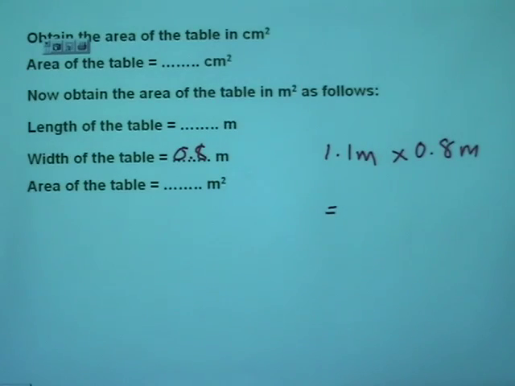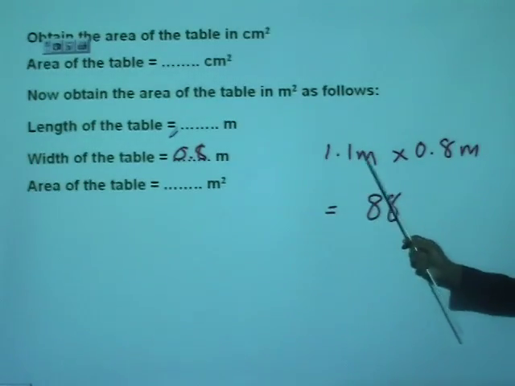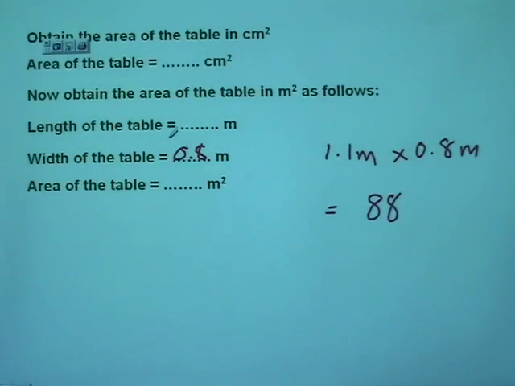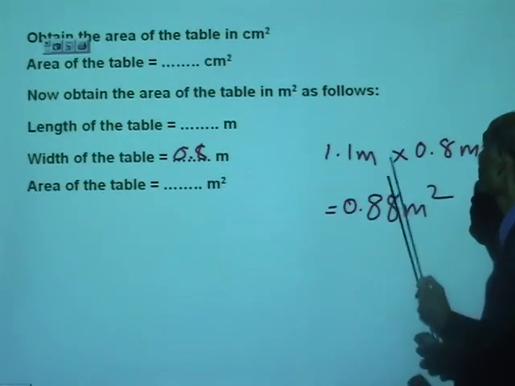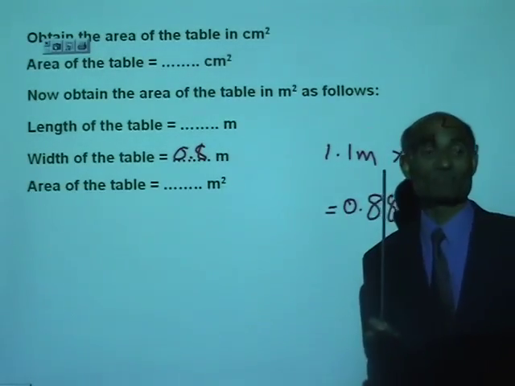Now multiply 11 times 8, that is 88. And the answer must contain 2 decimal places. There you are. And so the answer is 0.88 square meter is the area of my table. So the area of my work table is 0.88 square meter. Okay?